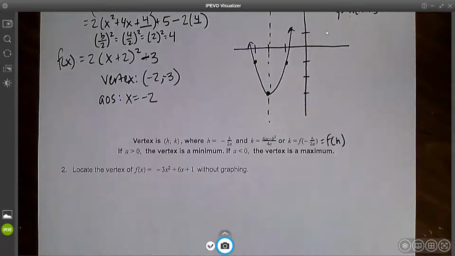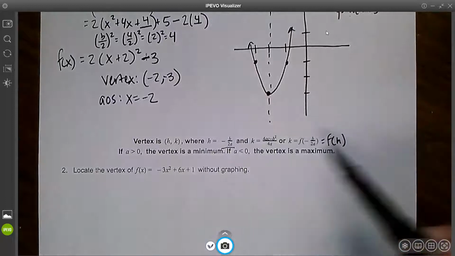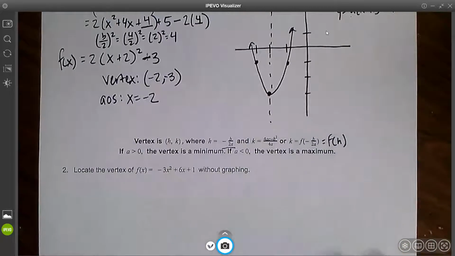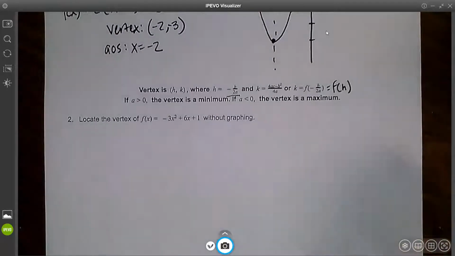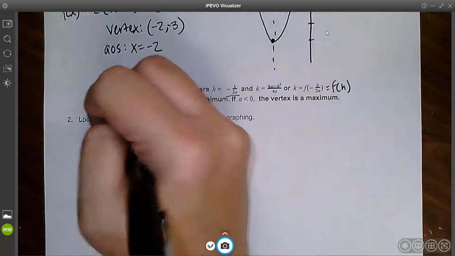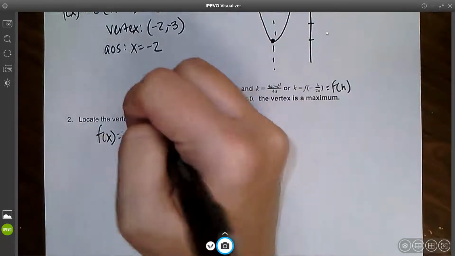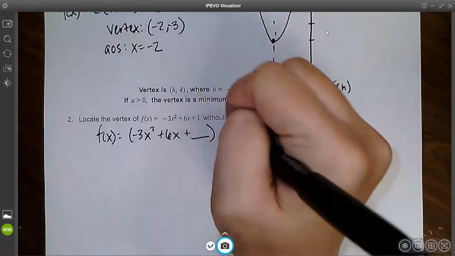So you have two options here. You can complete the square, which is what I'm going to do, just trying to practice that. Or you can use this formula. Plug in, find h, and then plug h into your equation to find your k. So I'm going to complete the square. So I have f of x, and I've got -3x squared plus 6x plus something plus 1 minus that something.